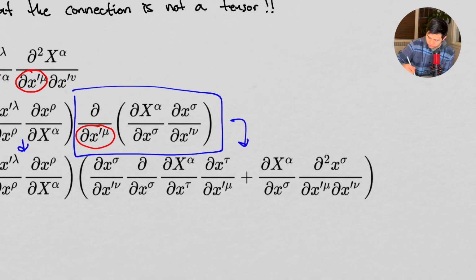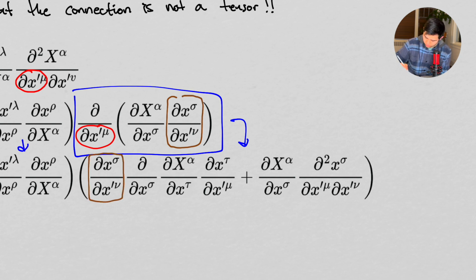things get a little bit messy here, because this term is right here. And then we want to take the derivative of this term, so we have product rule going on.